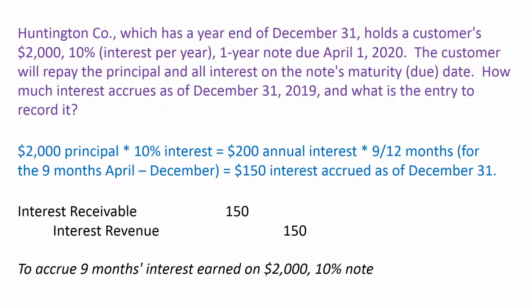To compute interest accrued on December 31st, 2019, $2,000 principal times 10% interest equals $200 annual interest times 9/12 months for the 9 months April through December equals $150 interest accrued as of December 31st. Huntington records the following entry. Debit interest receivable, $150. Credit interest revenue, $150, to accrue 9 months interest earned on $2,000 10% note.